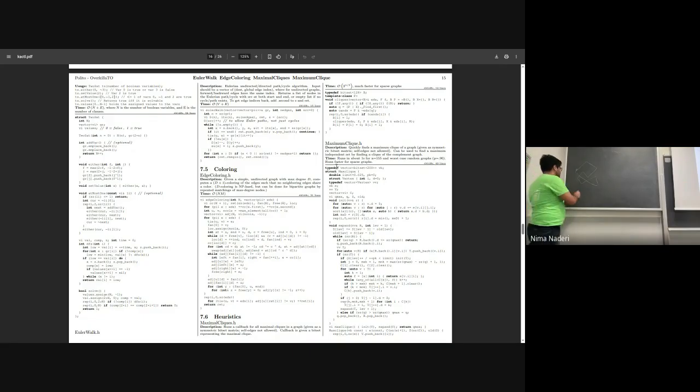So this is the Euler tour. And the condition which is necessary and sufficient for having an Euler tour is that all of the vertices should have even degree.